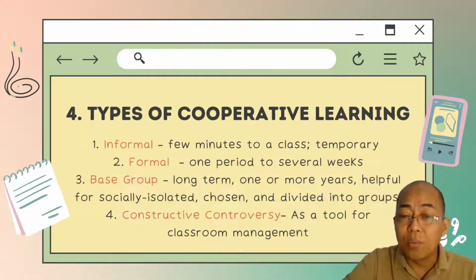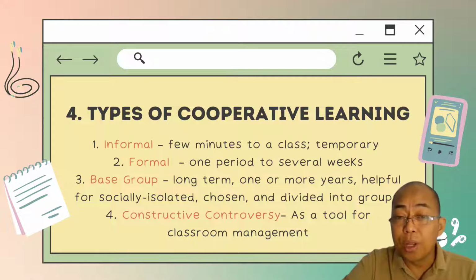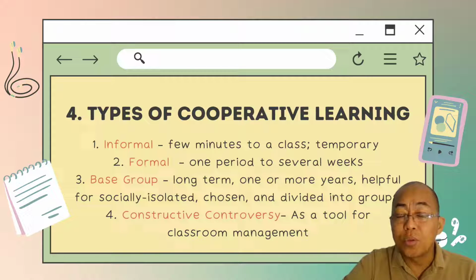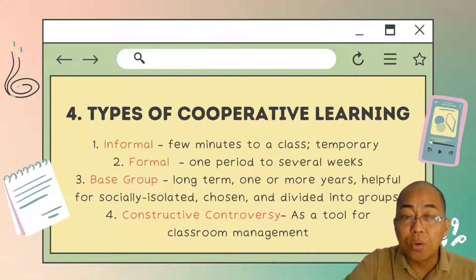For example, once a week, you would set a meeting with the cooperative learning group leaders or with the specific groups to discuss misconceptions, clarify some issues, or answer some of their questions. That's the whole idea.